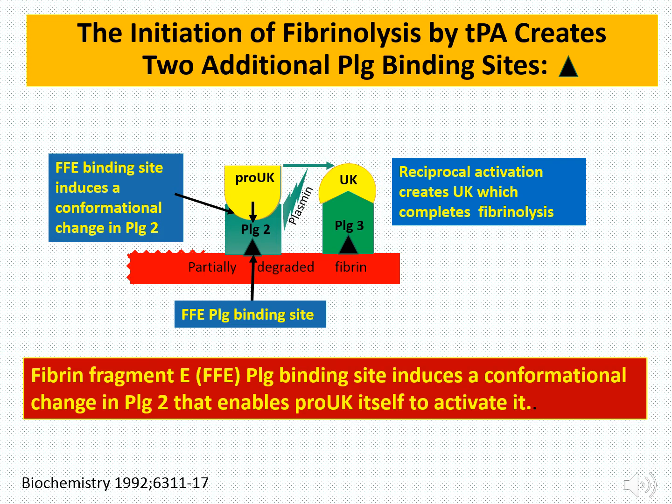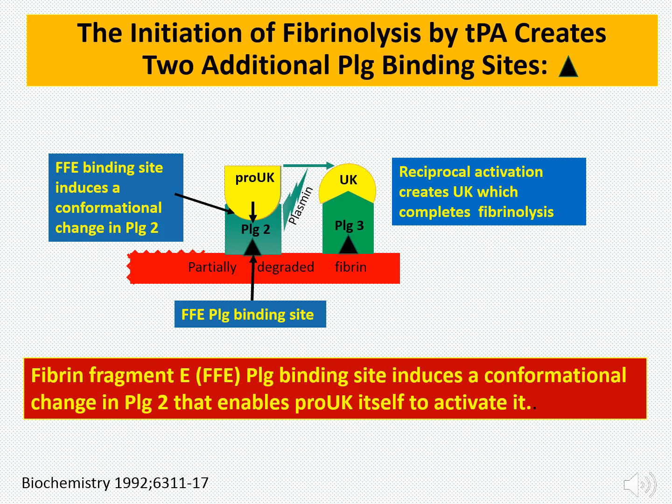The first of these, plasminogen 2, is on a special site called fibrin fragment E, FFE, which induces a conformational change in plasminogen 2 that enables the proenzyme form of UPA, pro-UK, to activate it to plasmin, which then activates pro-UK to UK, and UK activates the remaining plasminogen, completing fibrinolysis.